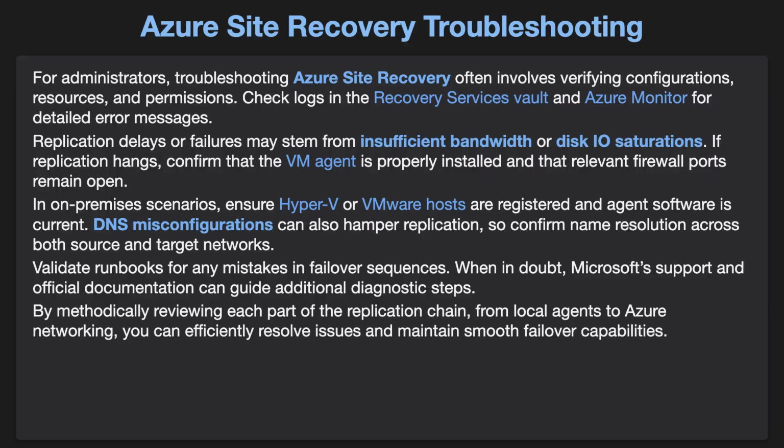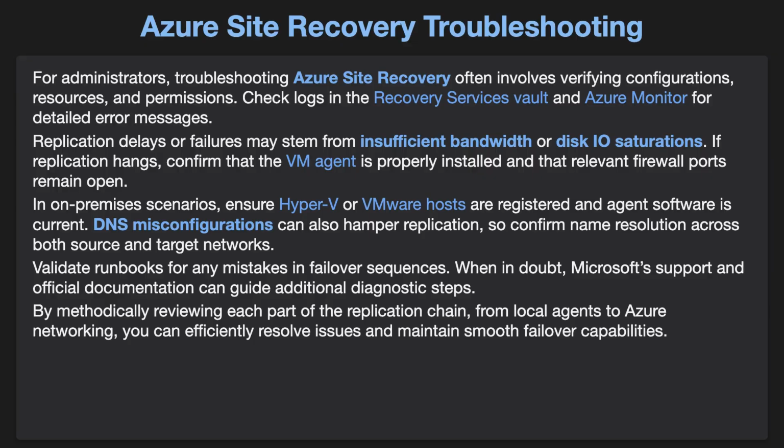If replication hangs, confirm that the VM agent is properly installed and that relevant firewall ports remain open. In on-premises scenarios, ensure Hyper-V or VMware hosts are registered and agent software is current. DNS misconfigurations can also hamper replication, so confirm name resolution across both source and target networks.